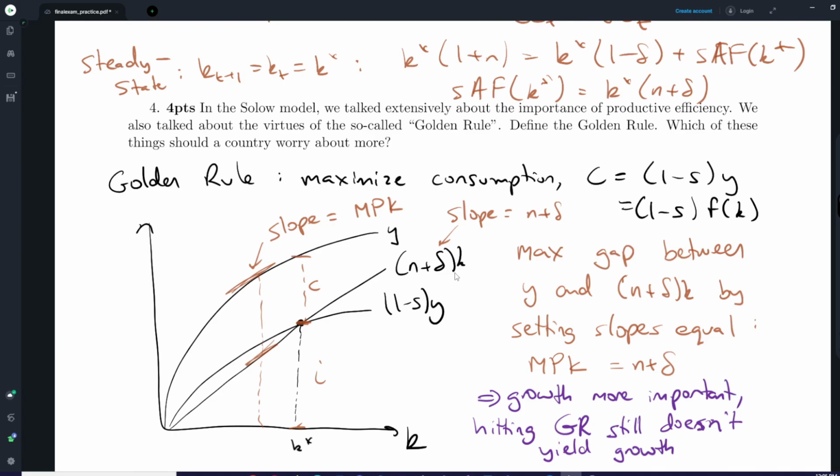So if all you're doing is hitting the golden rule, you're sitting at the golden rule being stagnant, as opposed to growing as much as you can, right? If you are forward looking at all, you should care much more about your growth, where you're going to be in the future, as opposed to getting the golden rule exactly right, because getting to the golden rule does not actually make you richer over the long run, right? Golden rule is nice, but being stagnant at the perfect level is much worse than continually growing and getting richer and richer and richer.